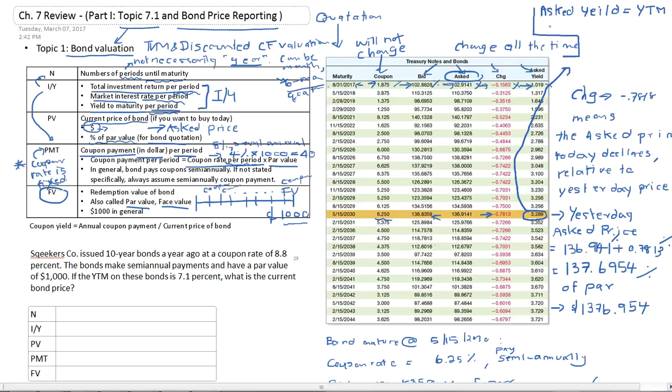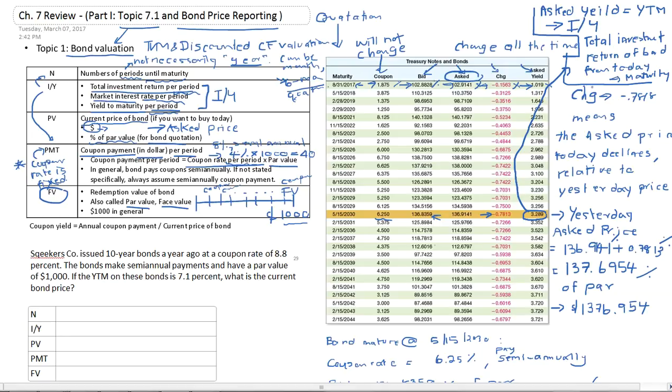And you can put the ask yield into I/Y right away if you get this quotation table, because ask yield is simply the total investment return of the bond from today until maturity. So that's the definition of ask yield.